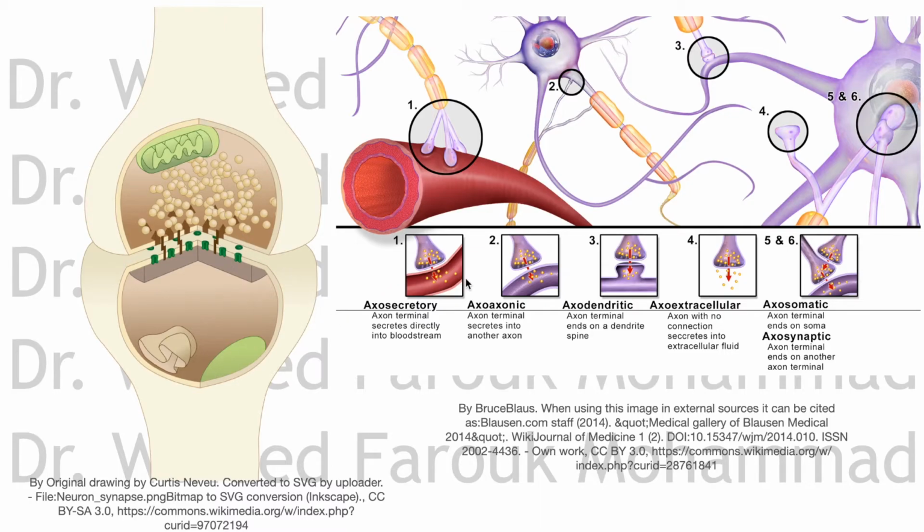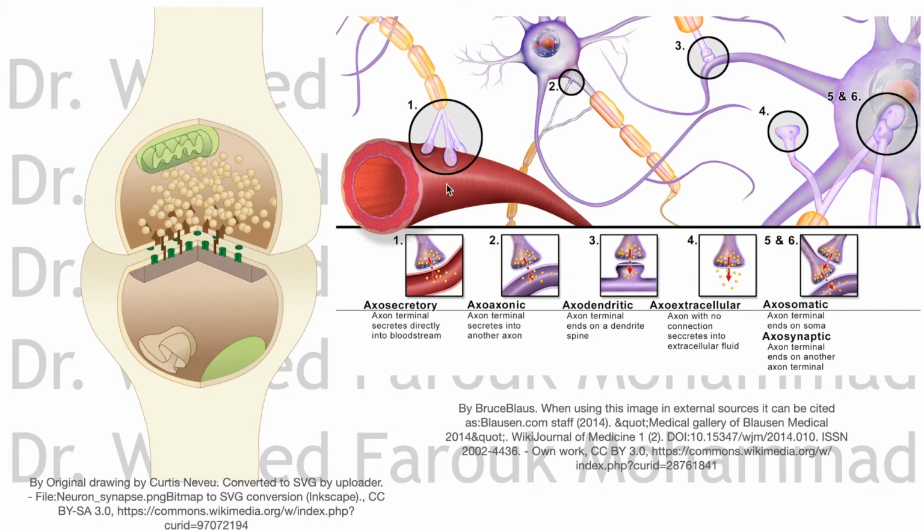These are types of chemical synapses. According to the site of the synapse, there are axosecretory, axoaxonic, axodendritic synapses, and this is the most common between neurons, axo-extracellular, and axosomatic, with the axon terminal ending on a nearby soma or cell body of neurons.